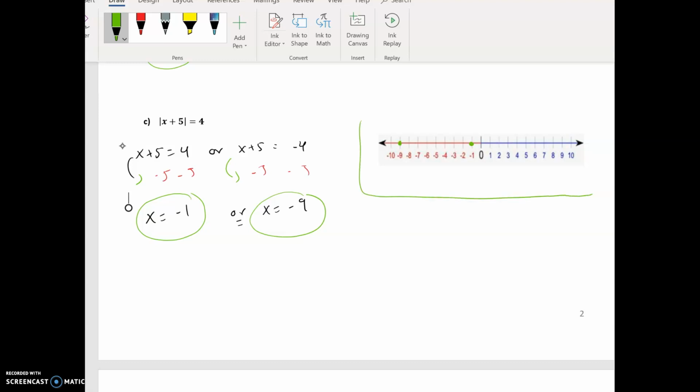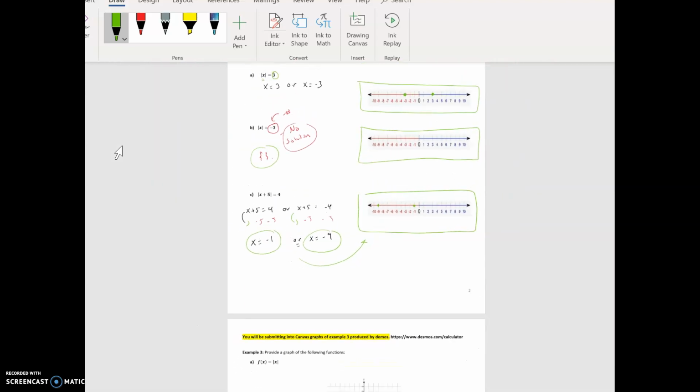And let me just box it in so that it's clear what the solutions are. The idea is if you were to plug in negative 1 plus 5, that's 4. Absolute value of 4 is equal to 4. If you plug in negative 9 plus 5, you're going to get the absolute value of negative 4, which simplifies to 4. So all of these contain a total of 2 possible solutions.